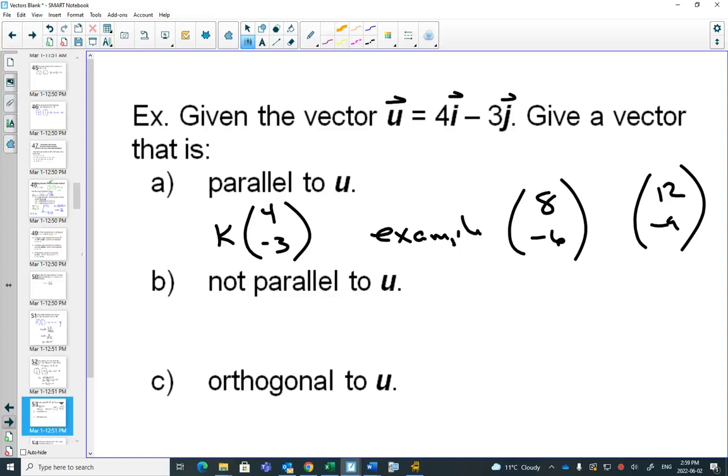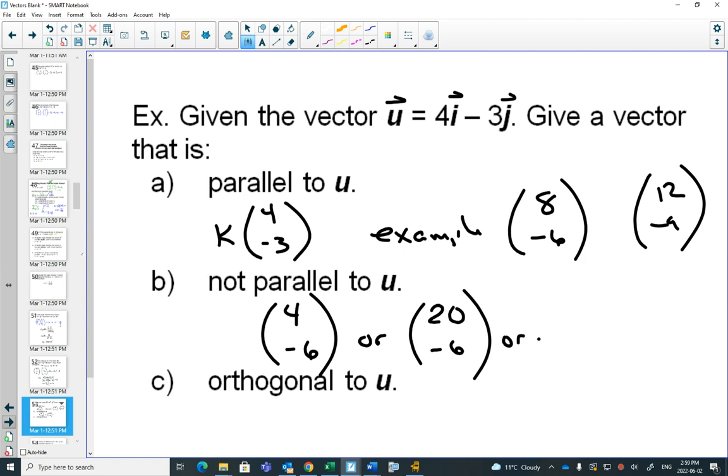Any vector not parallel. Okay? So if you change one of them but not the other, or decide to multiply the top by 5 and the bottom by 2, there would be so many possible answers.